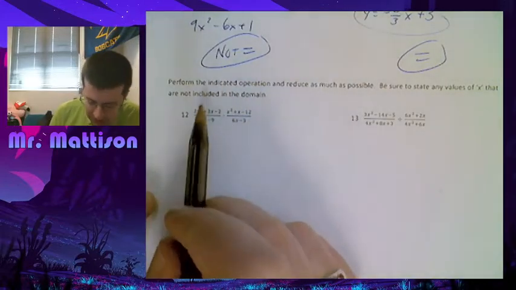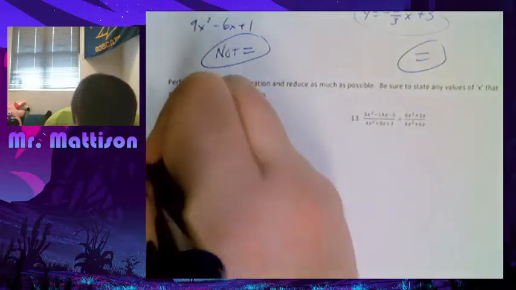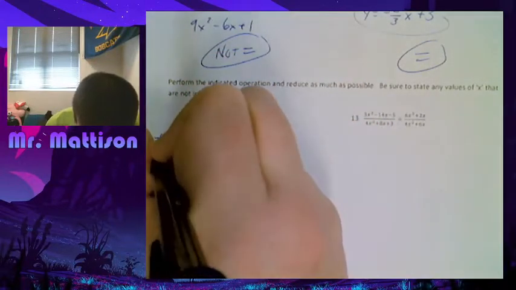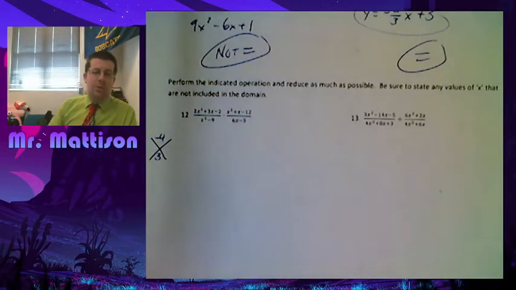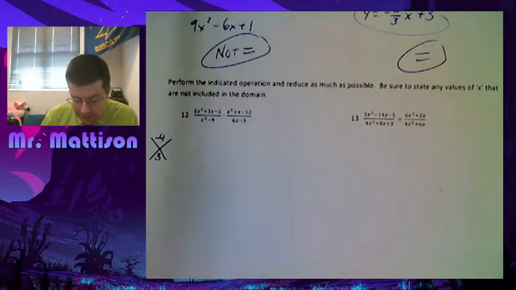So top left here, I'm going to want to do my little box method on this one to try and factor that. So 2 times negative 2 is going to be a negative 4 on top, and then a 3 on the bottom. So I need two numbers that multiply to be a negative 4, add to be a positive 3. So that's going to be a 4 and a negative 1.